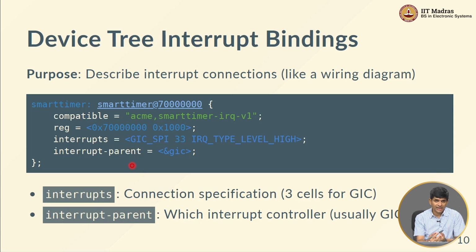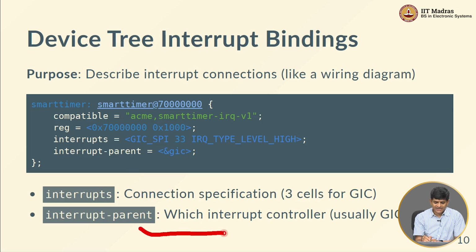This is not telling the hardware what to do, this is telling the OS how the hardware has been connected. So you need to always keep that in mind: your hardware has been connected in a certain way and your device tree should reflect that. It's not the other way around. You do not write a device tree and then hope that the hardware behaves in a certain way. You need to know what your hardware is doing and write your device tree so that it reflects what the hardware actually does.